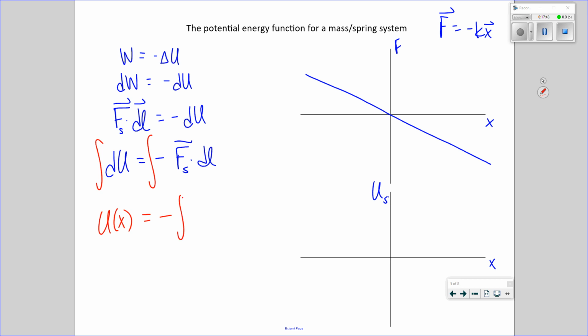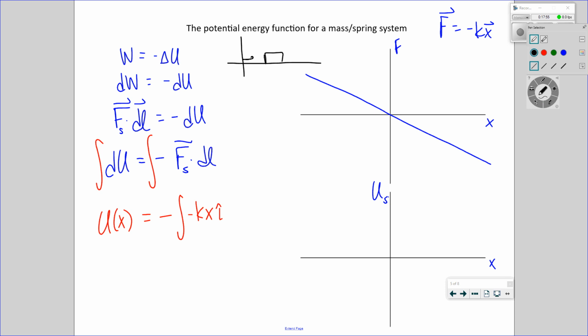and then we'll integrate. Well, what's the spring force? It's negative kx in the i hat direction. Let's say that this is a mass spring system on a horizontal surface. Here's a spring, and there's our object. So, dot dl. And what's i hat dot dl?